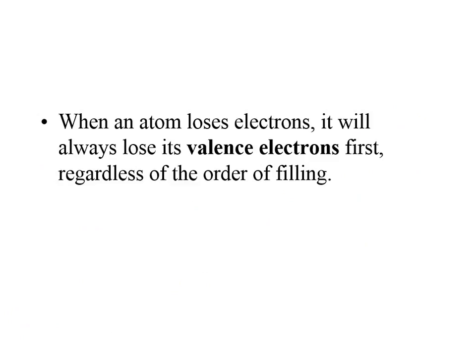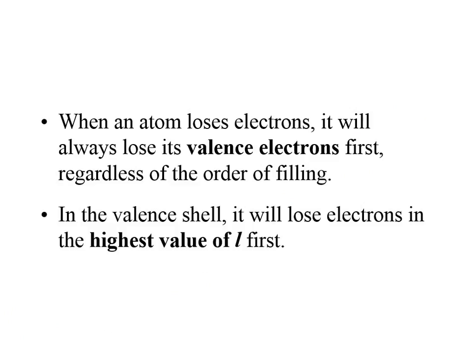So when an atom loses its electrons, it will always lose its valence electrons. Technically, aluminum lost 3 electrons: 2 of them were in the 3s and 1 of them was in the 3p. Going back to something we talked about before, S has an L value of 0, and P has an L value of 1.